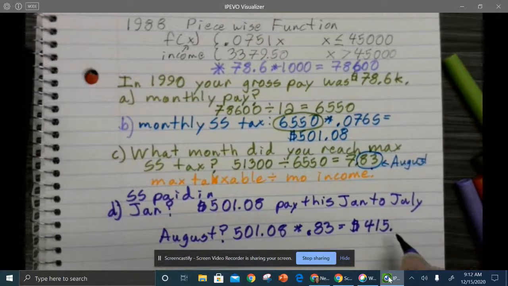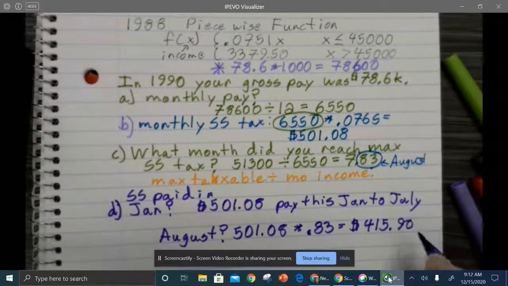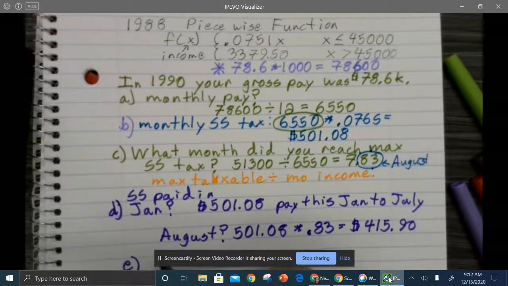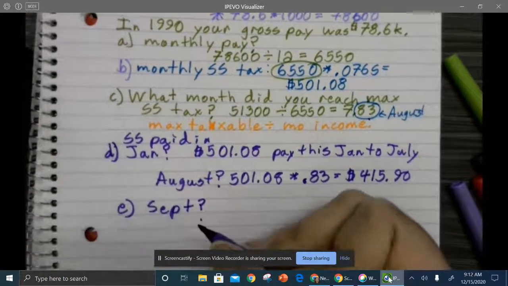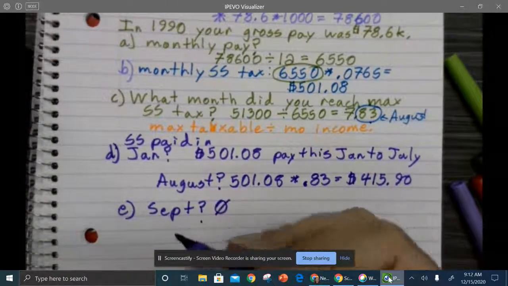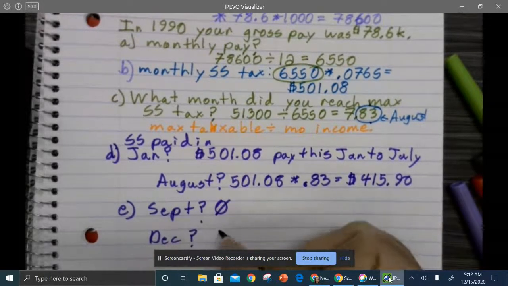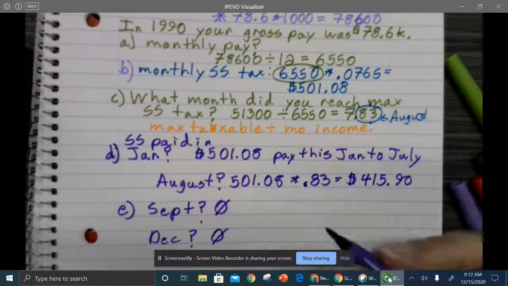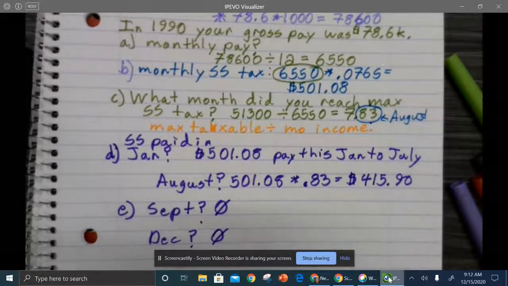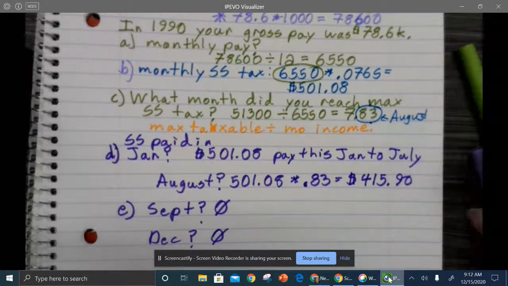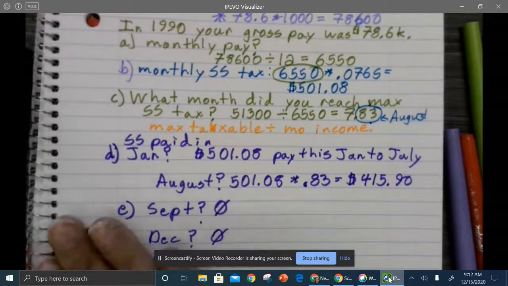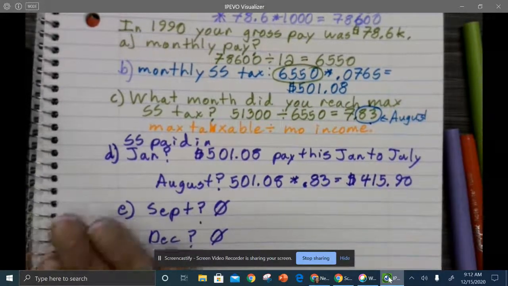So $414.90. Okay. So how much Social Security tax did you pay in September? So it would be 0. December, it would be 0. Okay. So this is something to watch, like if you change jobs, because maybe you end up paying more in Social Security tax than you would need to. Okay. Everybody got this?